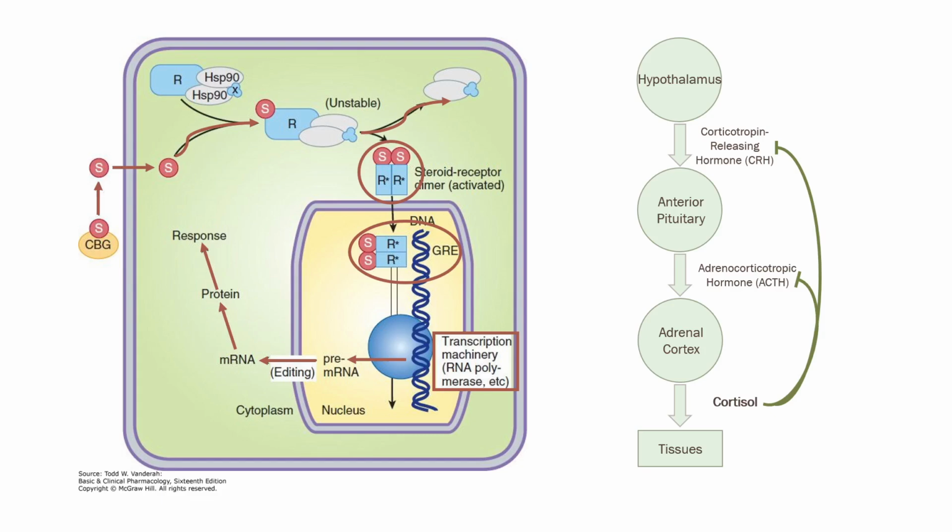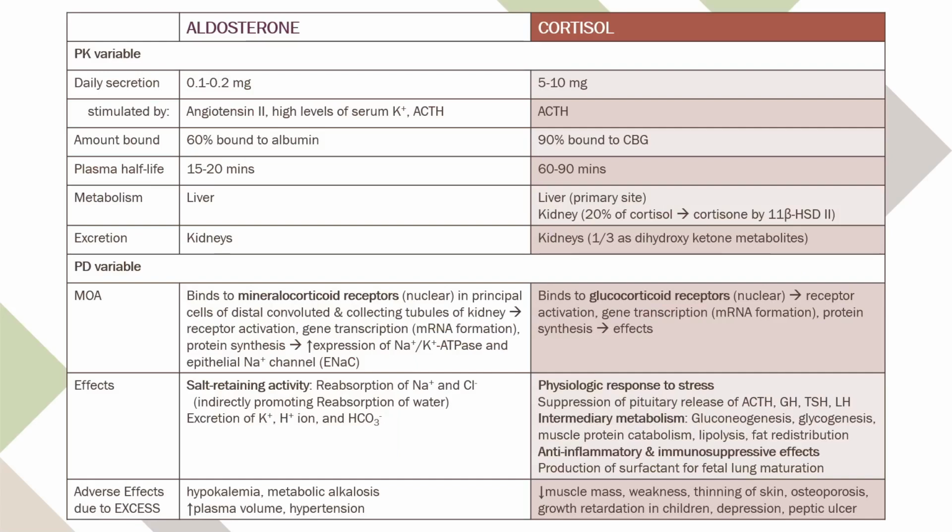Quantities of aldosterone are insufficient to participate in the negative feedback, so cortisol is the only corticosteroid that participates in the HPA axis. The rate of cortisol secretion follows the circadian rhythm governed by the pulses of ACTH that peak in the early morning and after meals.